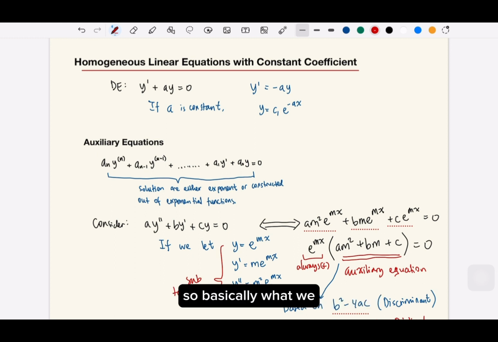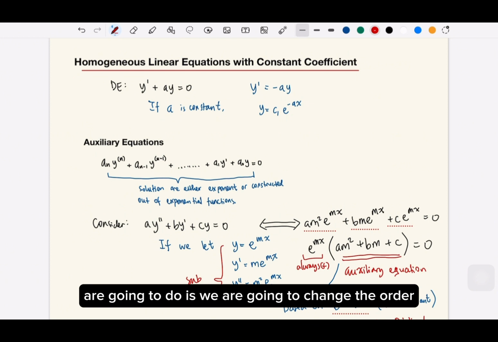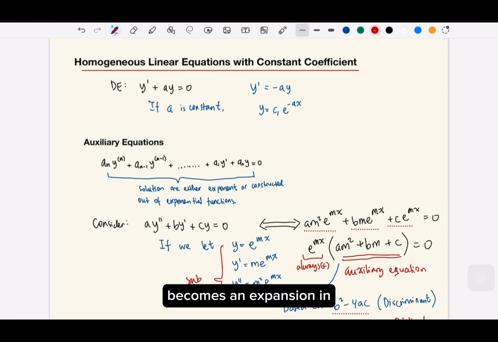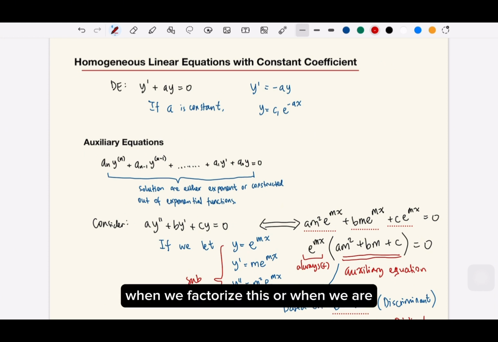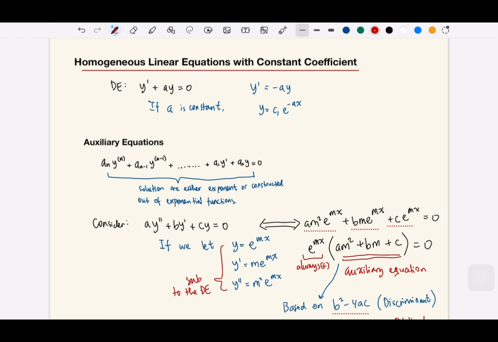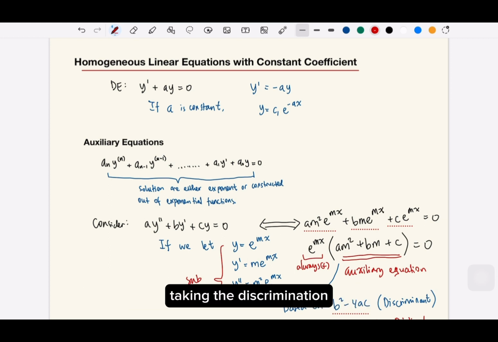Basically we change the order into an expression in quadratic equations. When we factorize this, or take the discriminant, we can know what kind of roots we are going to have.